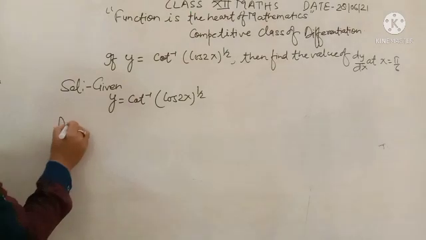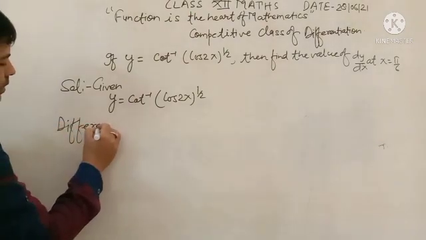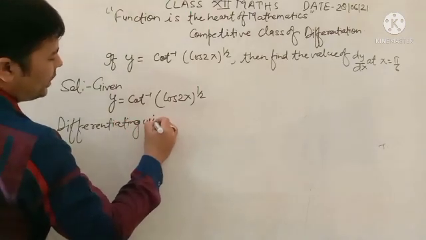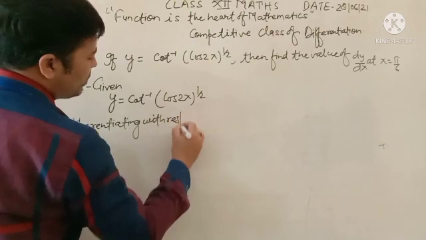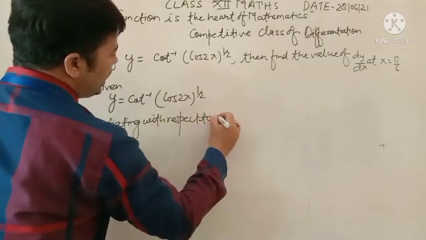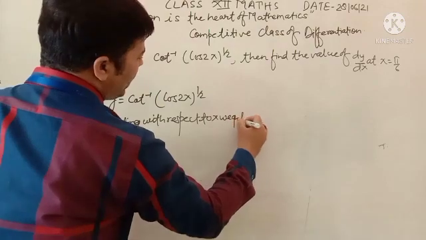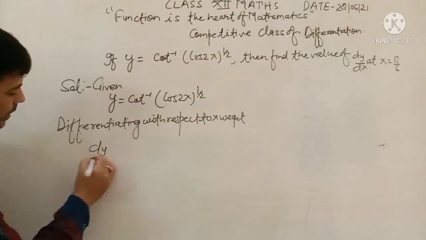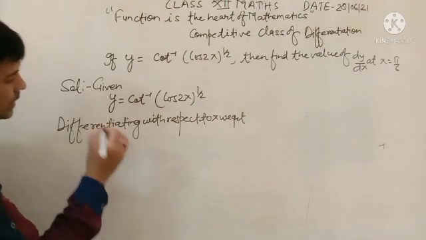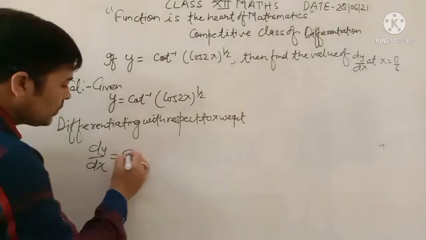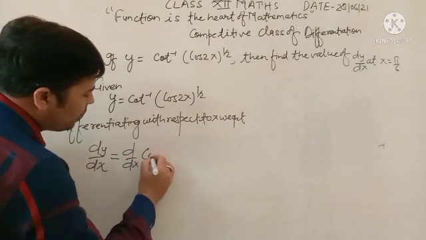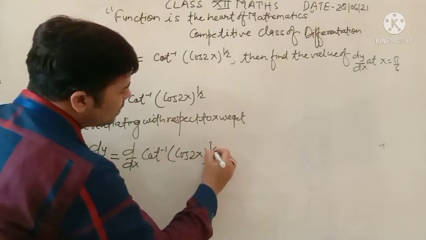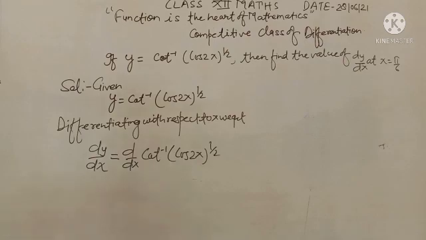Now differentiating with respect to x, we get dy upon dx is equal to d by dx of cot inverse of (cos 2x) to the power 1 upon 2.